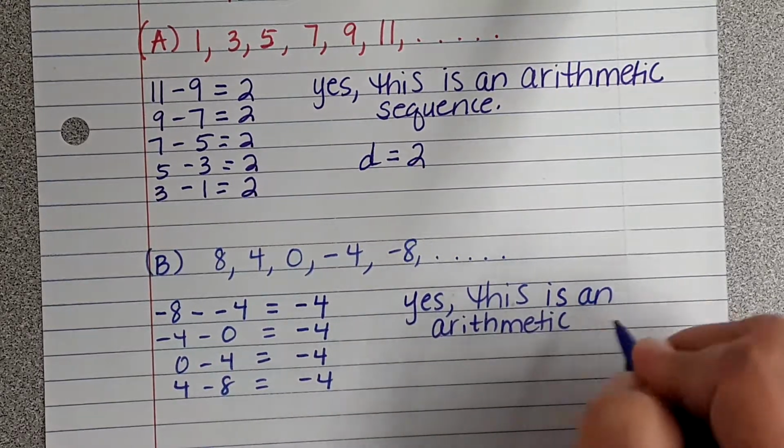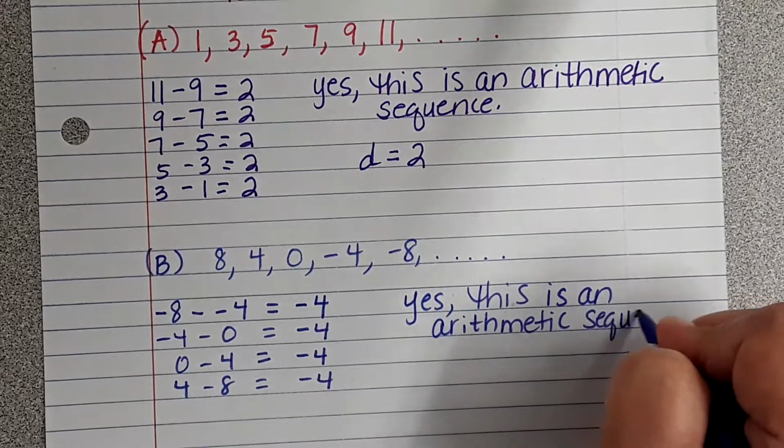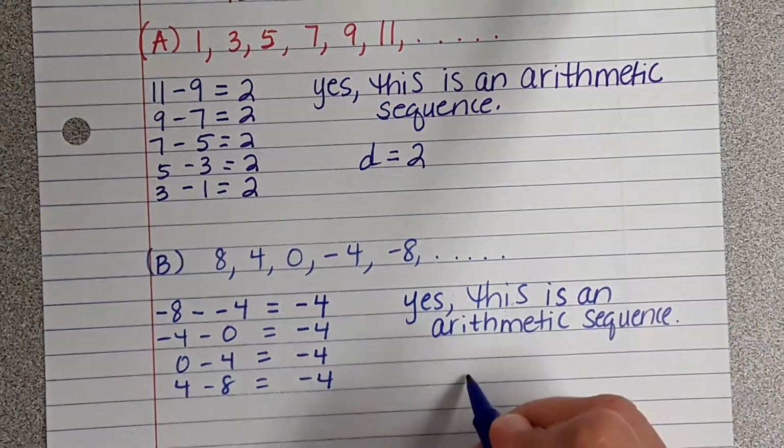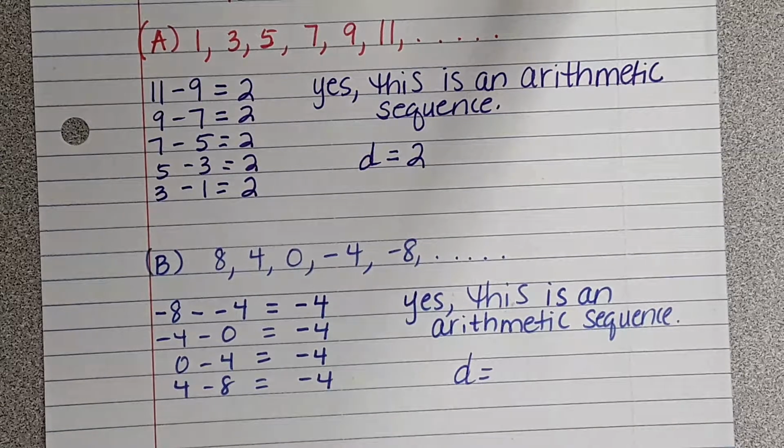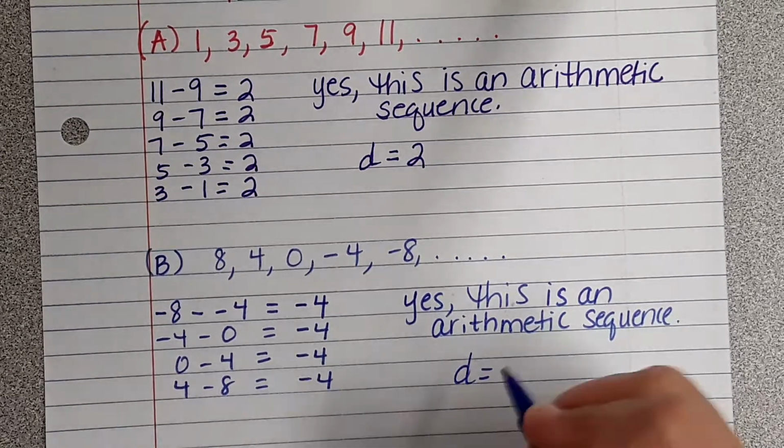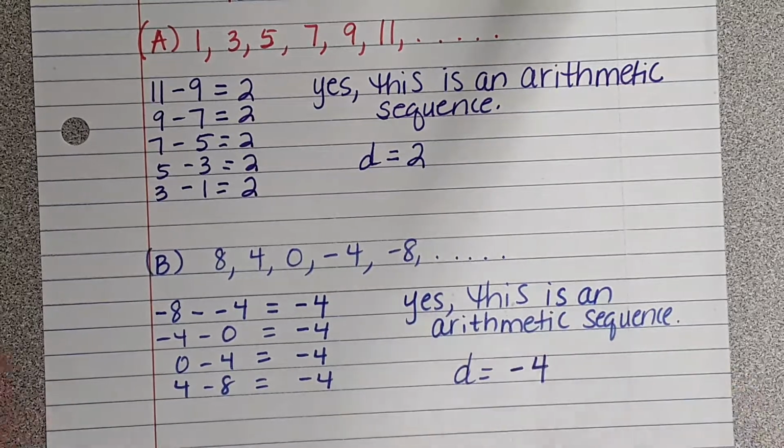And what is my D, which means common difference? It is negative 4. So that's the first part. Determining if it's a sequence and defining the common difference.